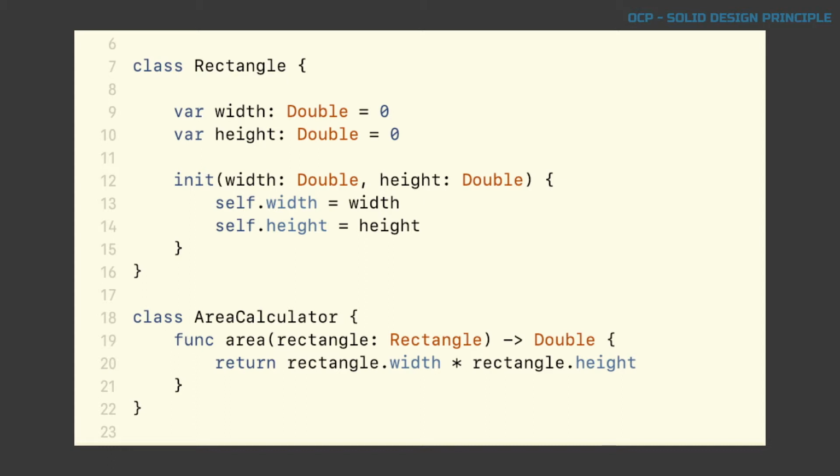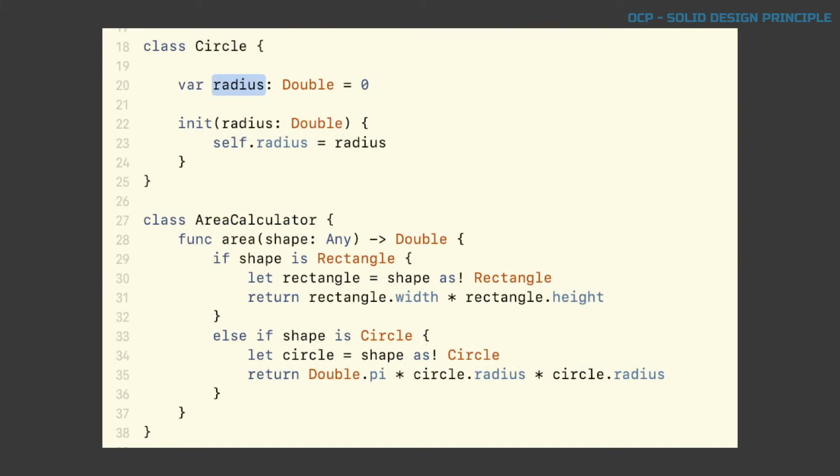Okay, we'll see once you have one more object. Say I have a rectangle, now I wanted to calculate the area of a circle. So notice now I have a circle class which has a property called radius and it assigns the radius value to it.